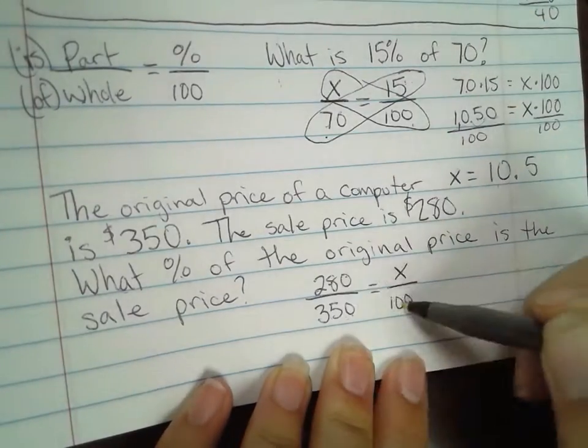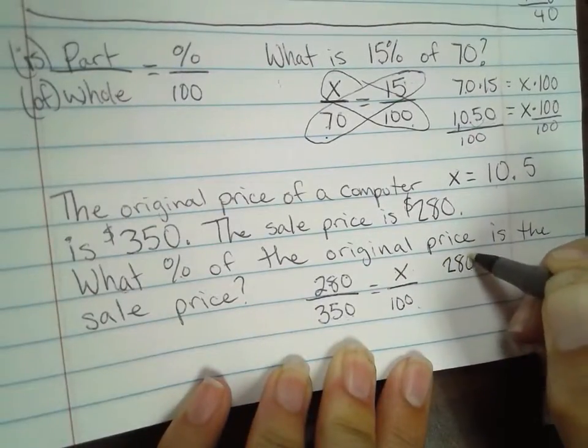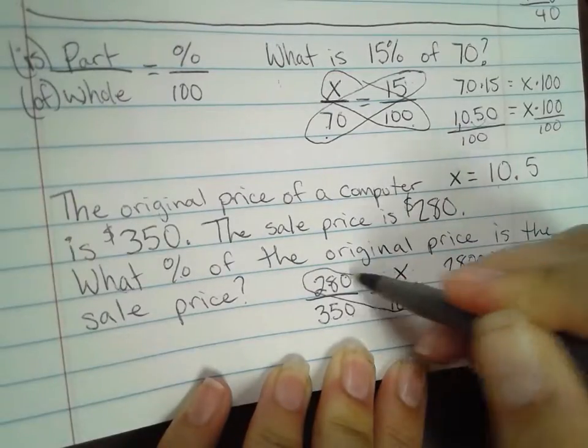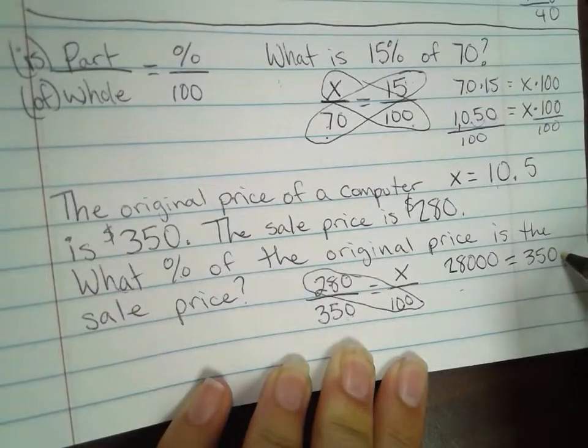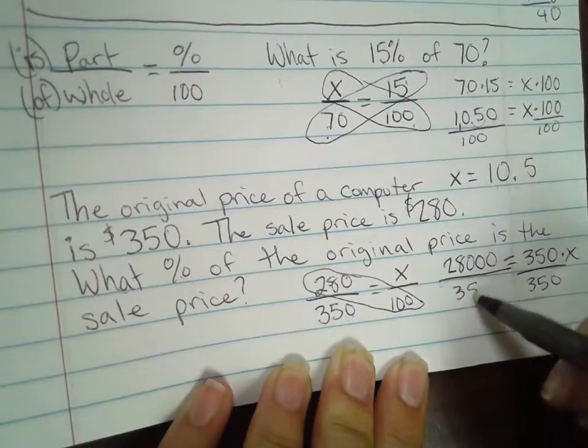So 280 times 100 would be 28,000. So I did this times that. And that's going to equal 350 times x. So to undo that, I'm going to divide by 350. Divide by 350.